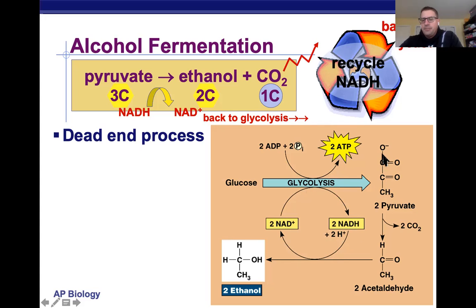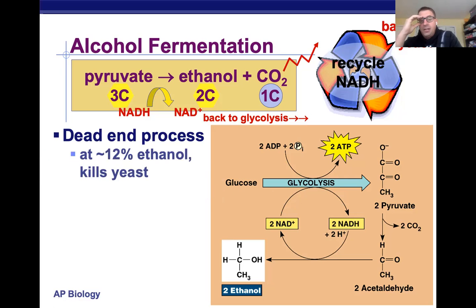So what happens here? The pyruvate that is formed, an enzyme removes CO2 from it. This portion of the molecule right here gets pulled off. And that generates a molecule called acetaldehyde. The NADH drops off its hydrogens and their electrons with acetaldehyde, which converts it into ethanol and converts the NADH back to NAD plus to go back to glycolysis in the cytoplasm.